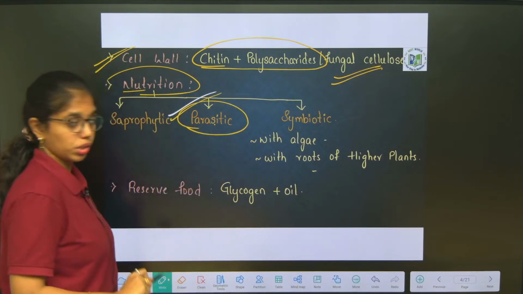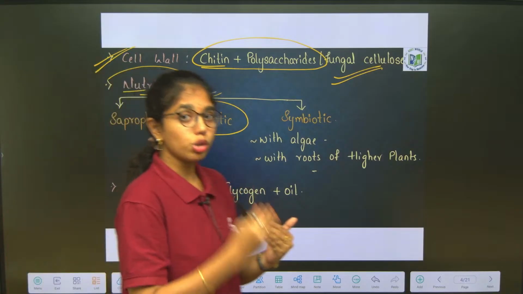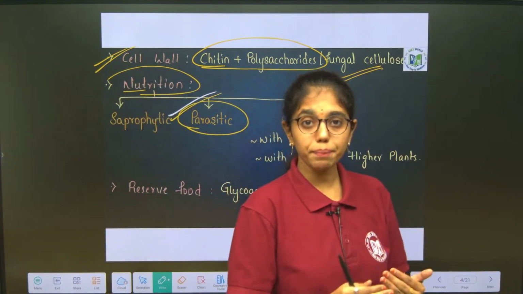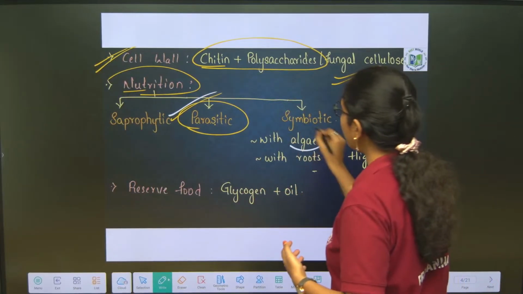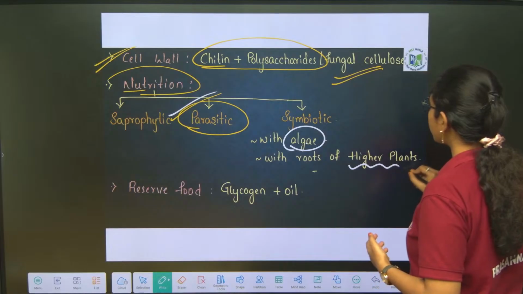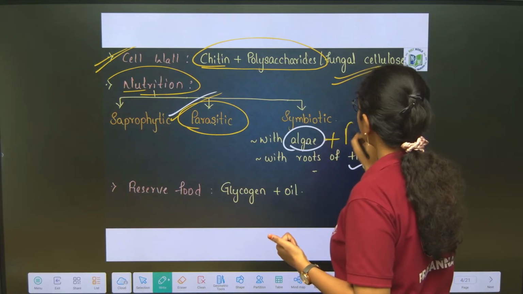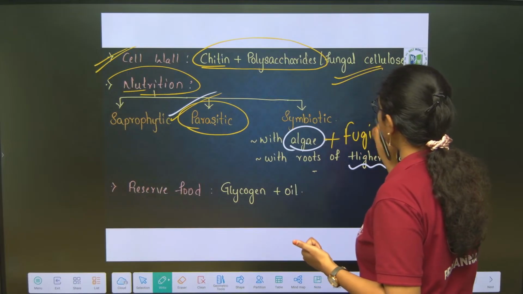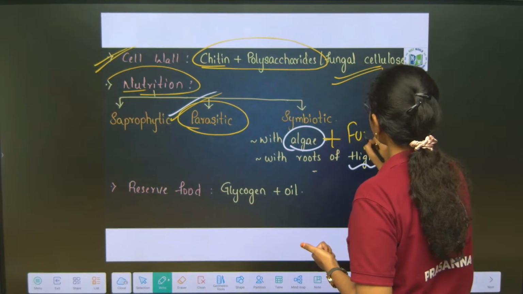Symbiotic mode of nutrition is a mutual association or symbiotic association with organisms, for example with algae or roots of higher plants. Fungi in mutual association with algae will form what? Lichens.